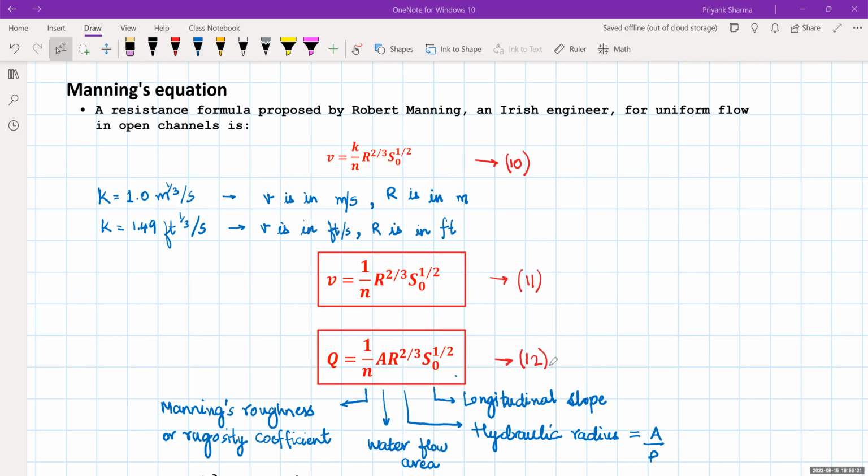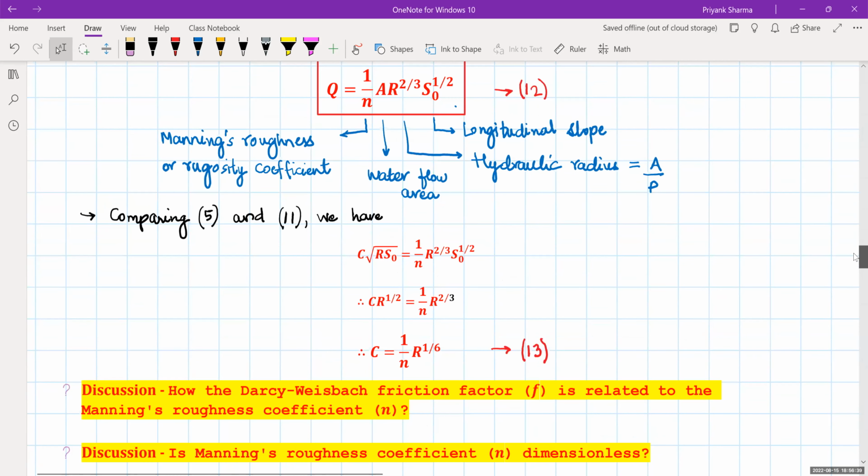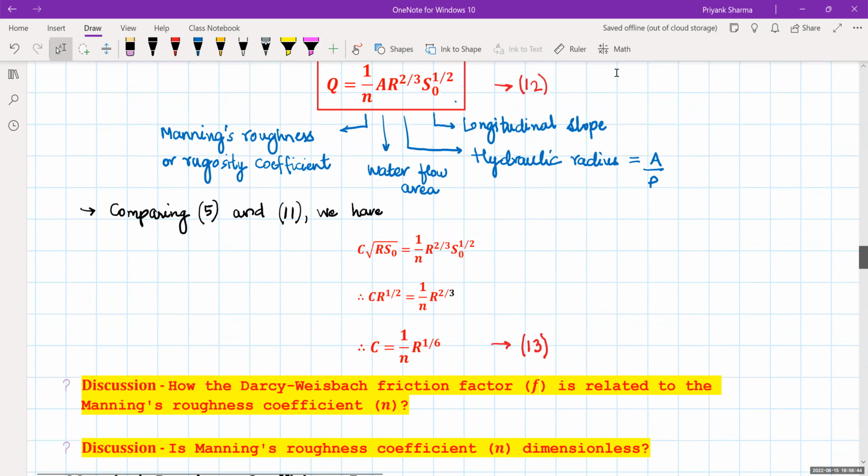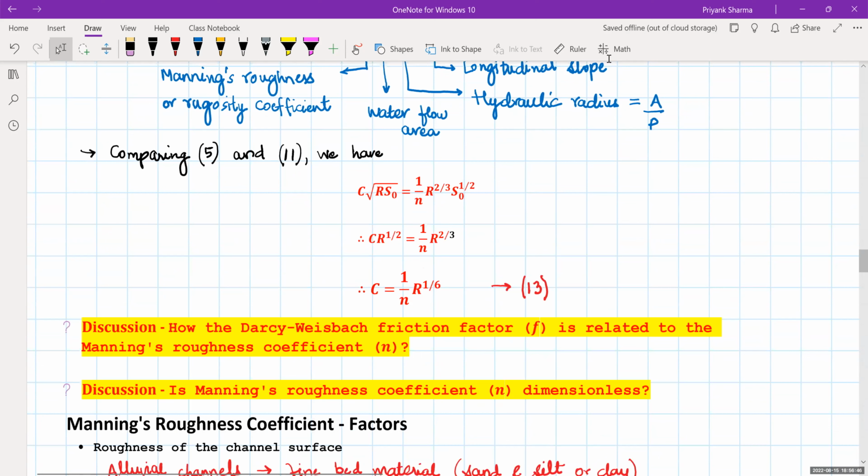This is a very famous equation, widely used for computing the discharge in open channel flows.